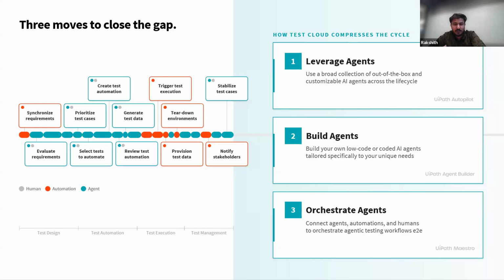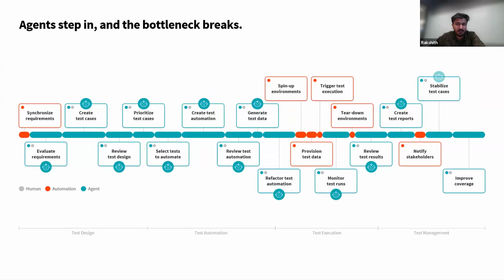What exactly are we doing in orchestrating agents? We are connecting the agents that we have built, or the automation that we created, and the humans are orchestrating the entire end-to-end workflow using the orchestrating agent. This is how we close the entire SDLC cycle by using the three pillars of UiPath Test Cloud. Any questions or any doubts on this?